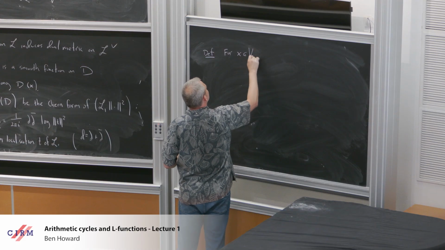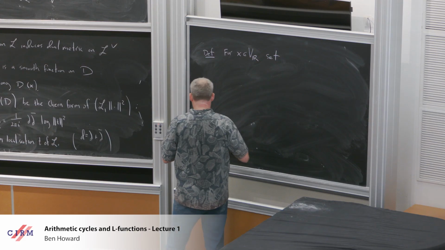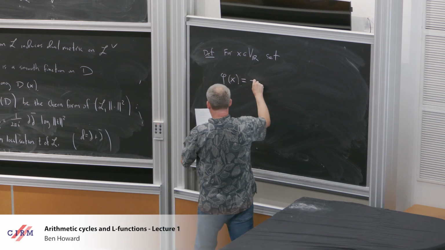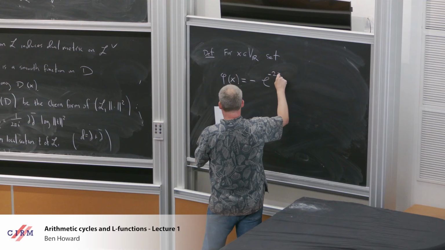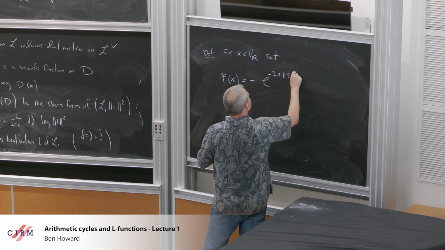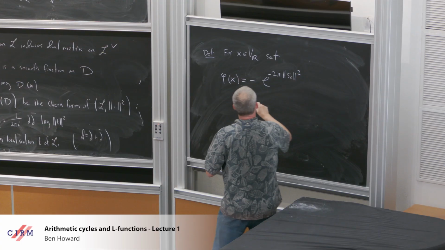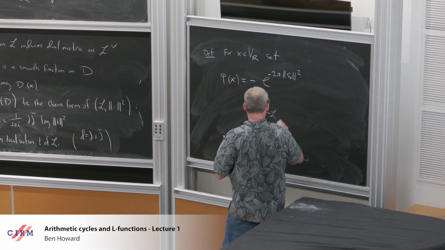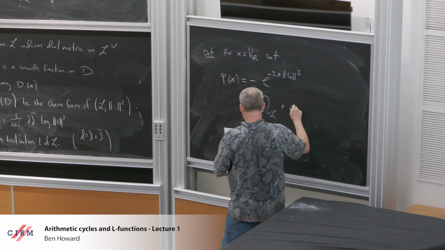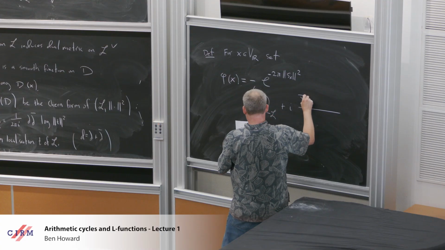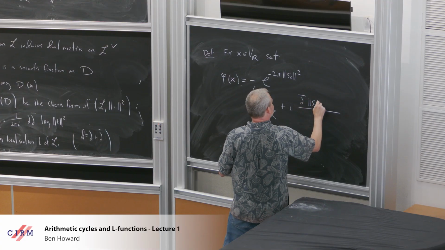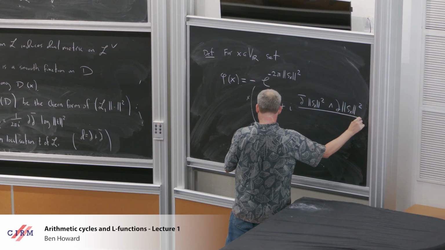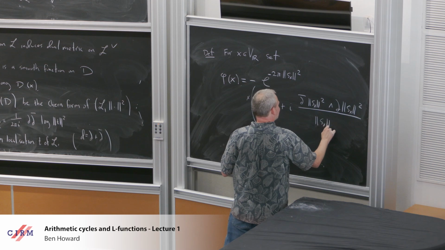If I take one vector, I'm going to define phi of x to be minus e to the minus 2 pi norm of s_x squared times the Chern form plus i, because why not, d bar norm of s_x squared wedge d norm of s_x squared divided by the norm of s_x squared.